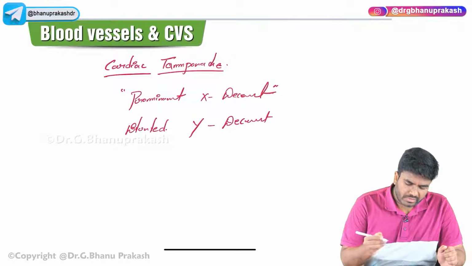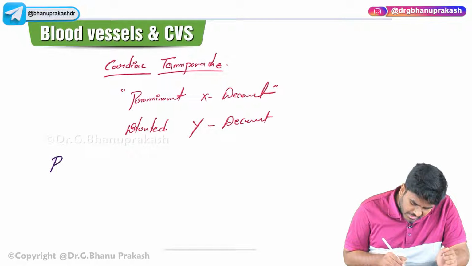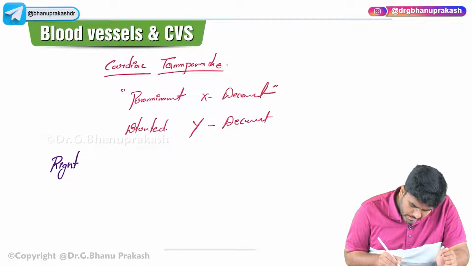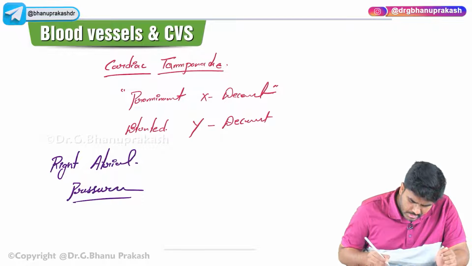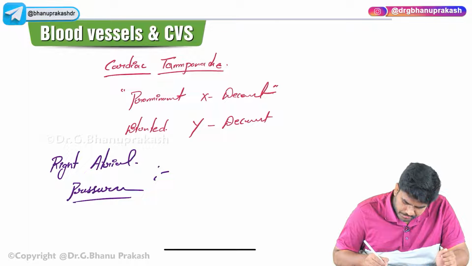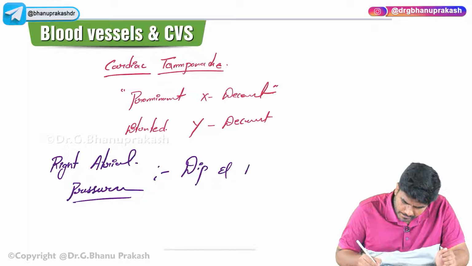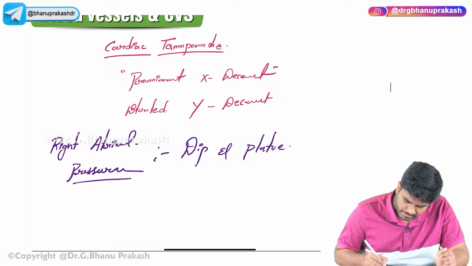And one more thing which I want to put into your mind, I'm not going to go into detail. If you look at the right atrial pressure tracings, you are going to have a sign called dip and plateau, which is also called the square root sign.